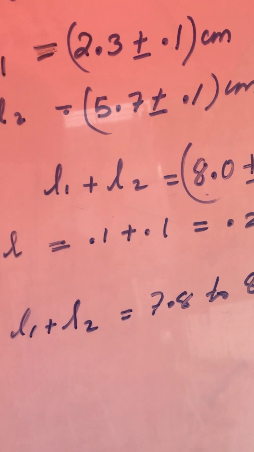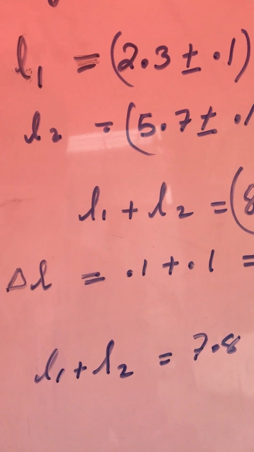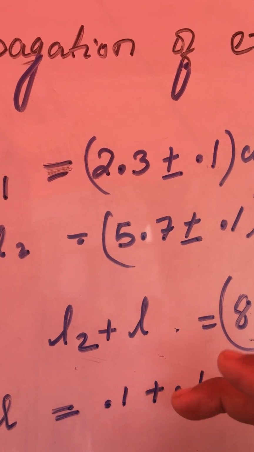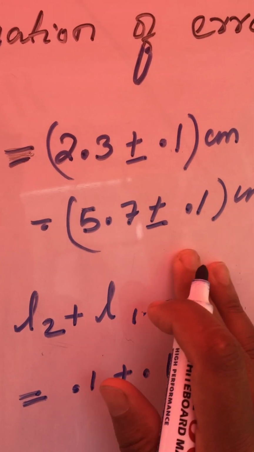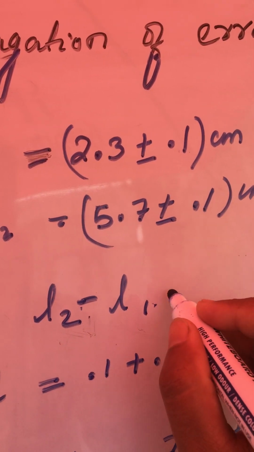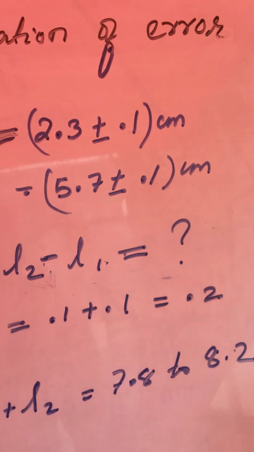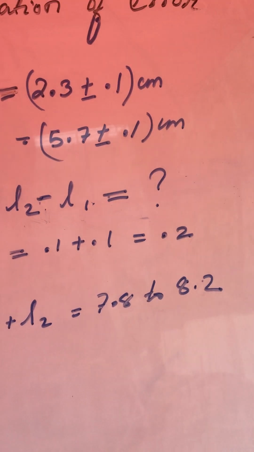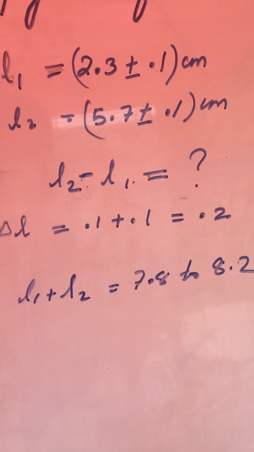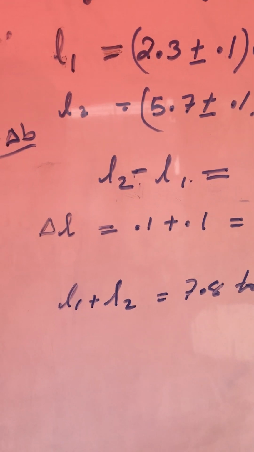Now the same question if I do. Let's say you need to find L2 minus L1. Let's say the question says find the difference. Then for the difference also, what is the formula for the error?